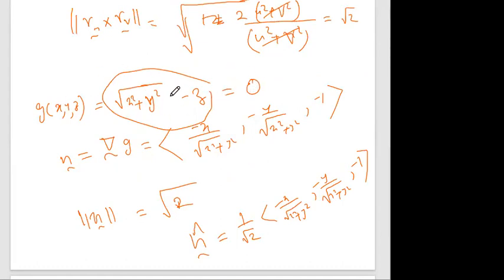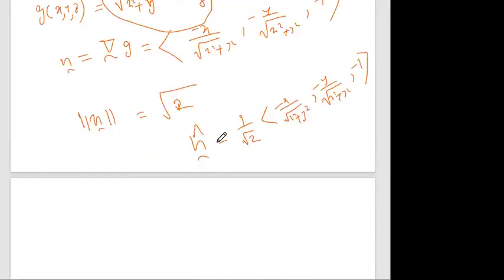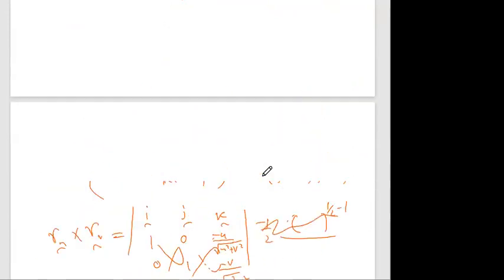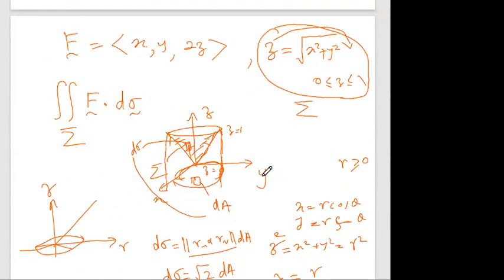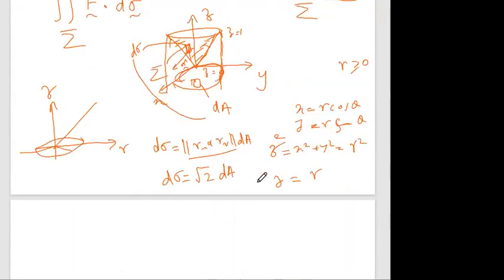Got it? If you know the level surface, then you are able to find the normal vector by taking the gradient of this. Okay, this is the unit normal to the surface of this geometry. We found the unit normal, n hat.